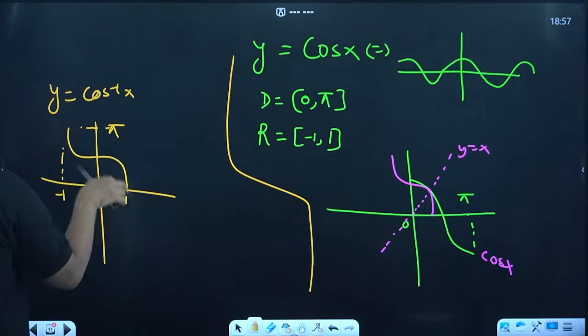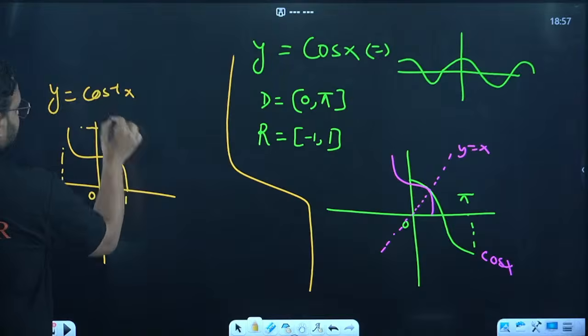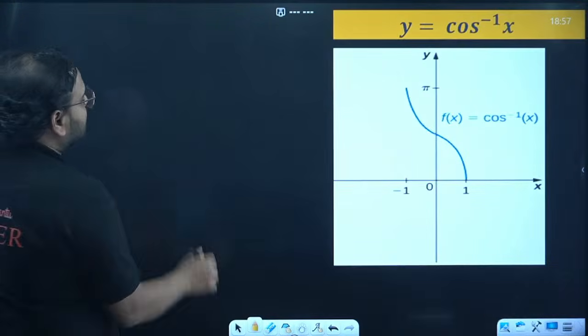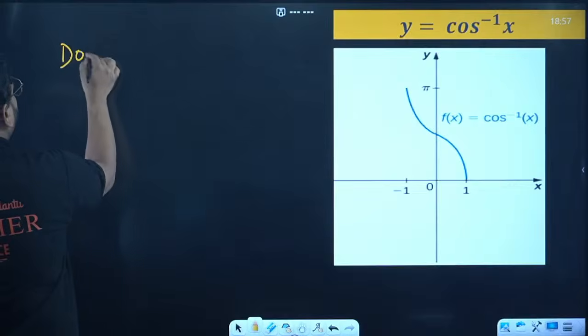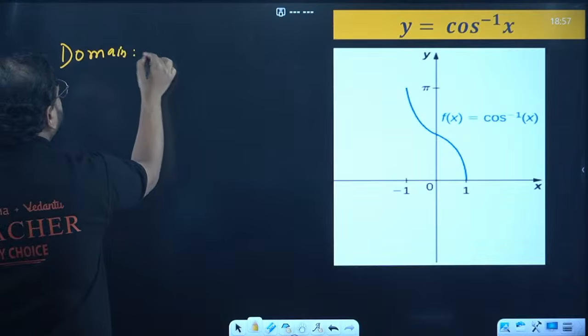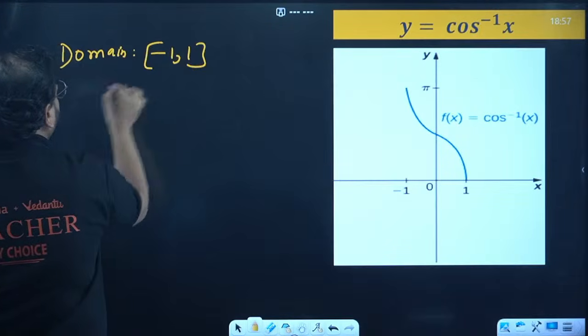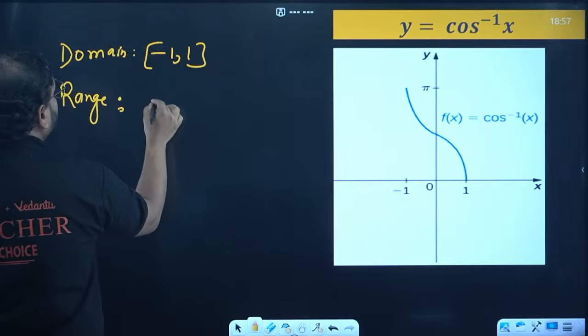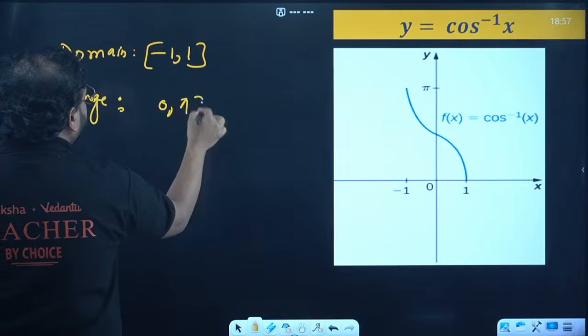There is no arrow over here. This is the y equal to cos inverse graph. Domain and range are clear. So what is the domain and range? The domain of this graph will always be minus 1 to 1, and the range or principal value branch will be 0 to pi.